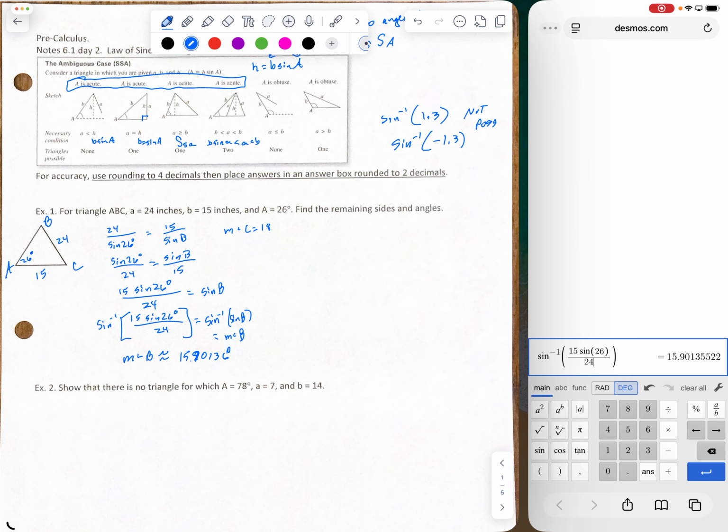And then I want your answer box. So the first thing we found is measure of angle B, 15.901 degrees to 3 decimal places. Then we found the measure of angle C, 138.099, and little c, 36.564.